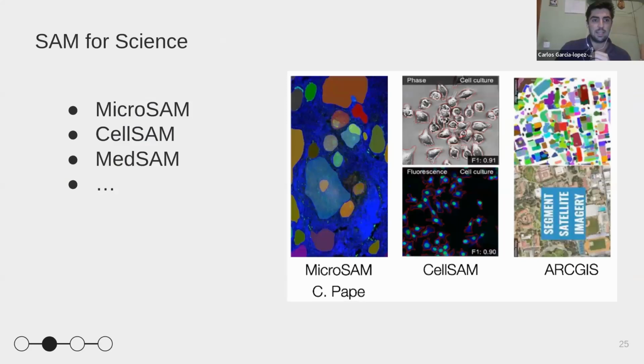And being so useful, people in science quickly tried to apply it to different domains, making it specific for different domains. For example, we have microsam from Konstantin Pap and his students. It's a fine-tuned version of SAM for microscopy specifically.